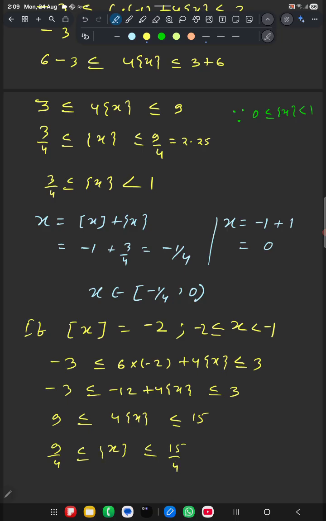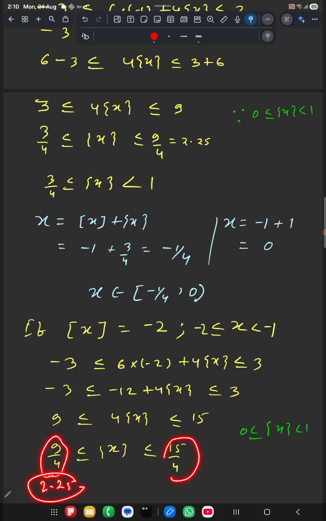Now since the condition is that the fractional part of x is always lying between 0 and 1, where 0 is included and 1 is not included, but the fraction we are getting here is 2.25, as I just said, and the other one is more than that also, since 4 threes are 12, and then 4 sevens are 3. So a fractional part cannot be like this.